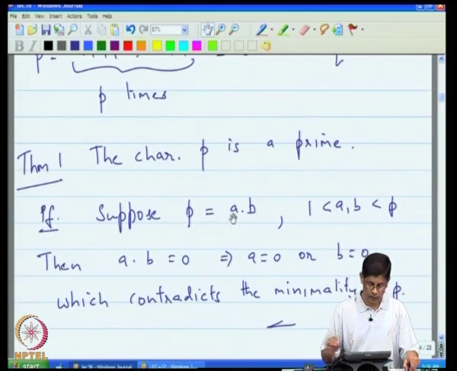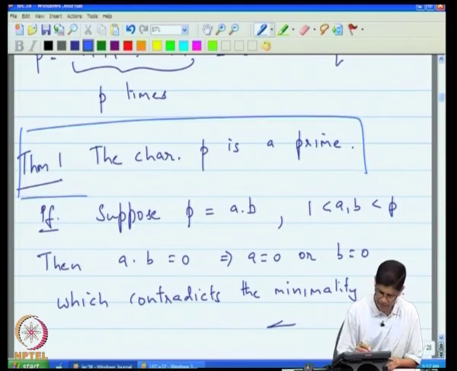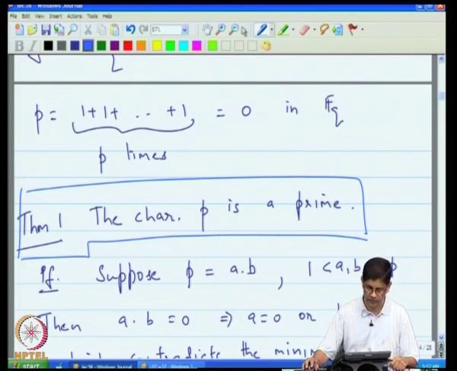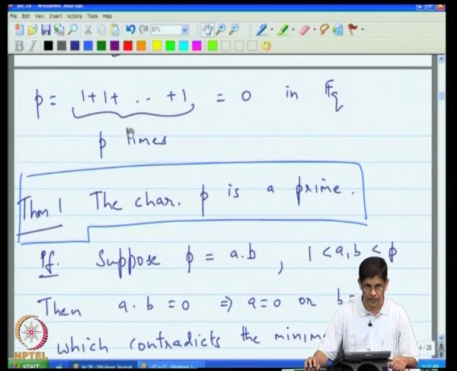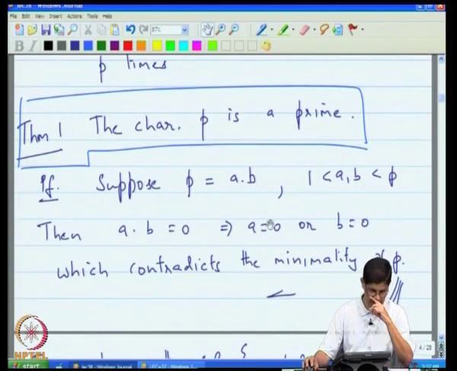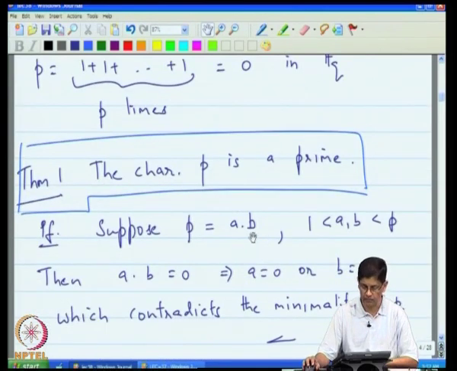The first theorem that we want to actually prove is that the characteristic of a finite field is a prime. In other words, the smallest number of copies of 1 when added together to give 0 must be a prime. How do we prove that? Well, it is straightforward. Supposing this characteristic was actually a times b.